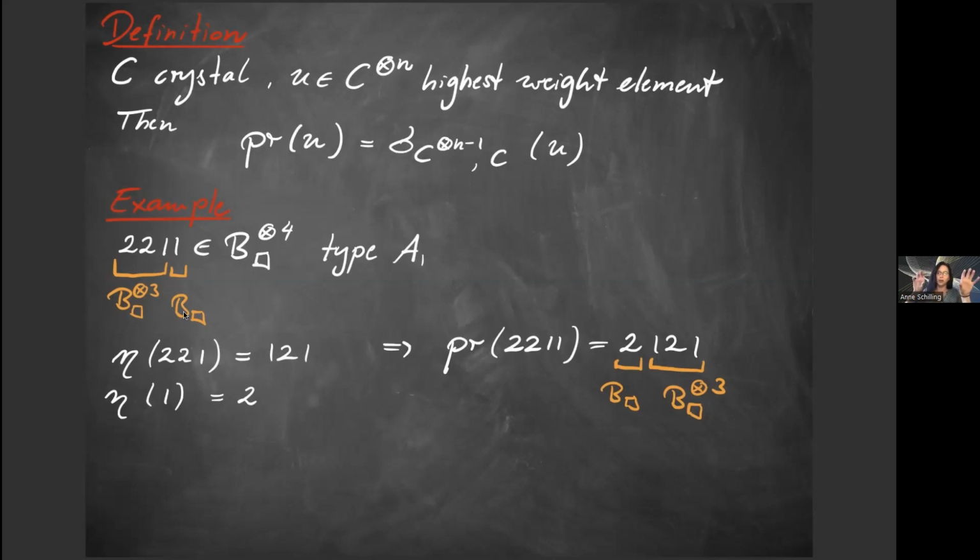And then we are going to move the 1 to the end, but using this crystal commuter. So we have to compute the Lusztig involution and then move things to the end. And what comes out is 2, 1, 2, 1. Okay, but you can define this in general for any crystal, not just for the simple example.